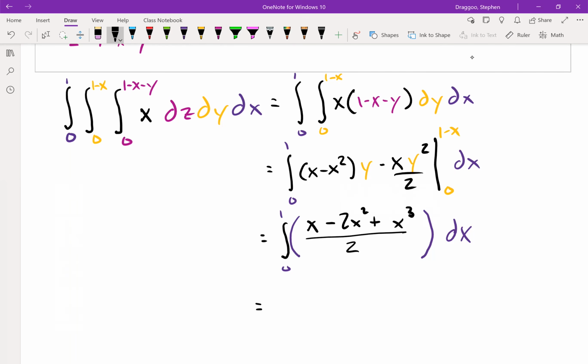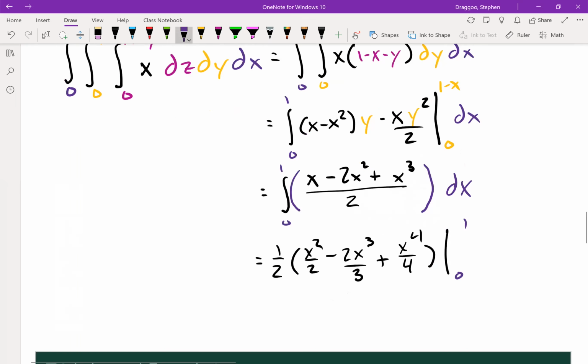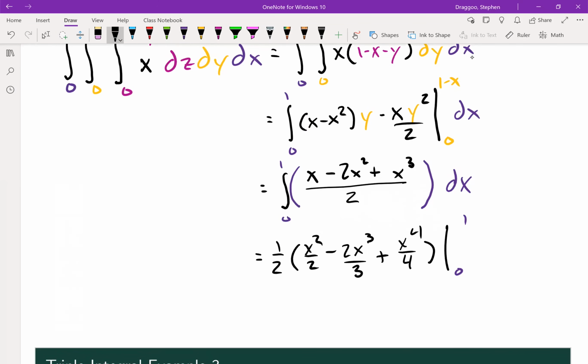So this should be 1/2 times x squared over 2 minus 2x cubed over 3 plus x to the 4th over 4, evaluated from 0 to 1. So that'll be 1/2 times 1/2 minus 2/3 plus 1/4.